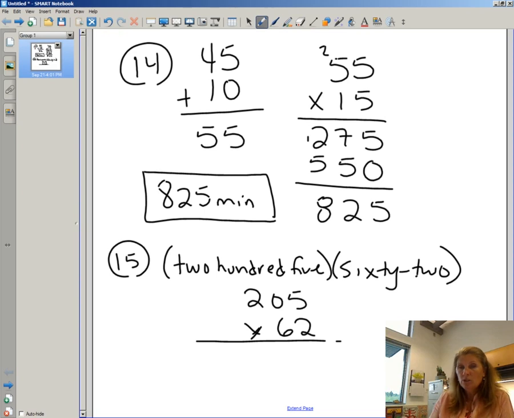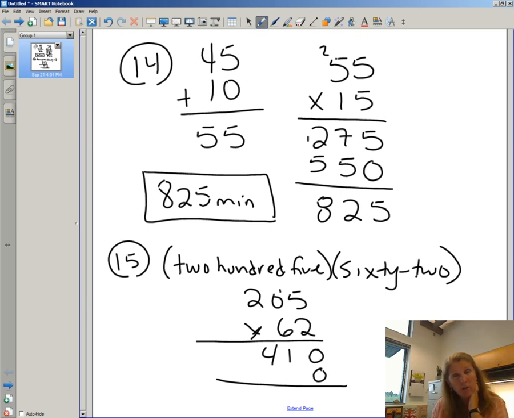So we would just multiply those together. But first we had to write them, given the written description, write them in standard form and then multiply. 2 times 5 is 10. There's nothing up here, so it's just going to be 10. 2 times 2 is 4. Multiplying by 60 looks like 6, but we put a 0 to scoot it over. 6 times 5 is 30.